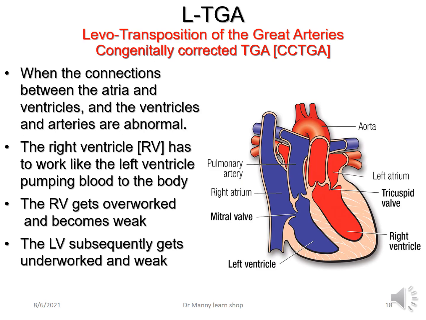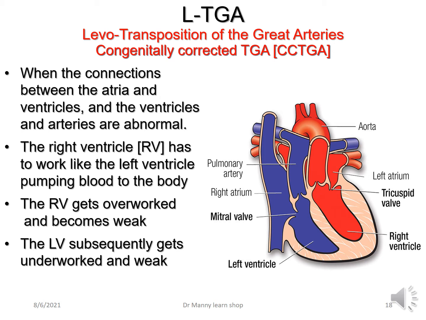Another variation of transposition of the great arteries is called L-TGA, Levo-Transposition of the great arteries, also known as congenitally corrected transposition of the great arteries. And this occurs when the connections between the atria and the ventricles and the ventricles and the arteries are abnormal. The right ventricle is where the left ventricle should be, and the left ventricle is where the right ventricle should be.